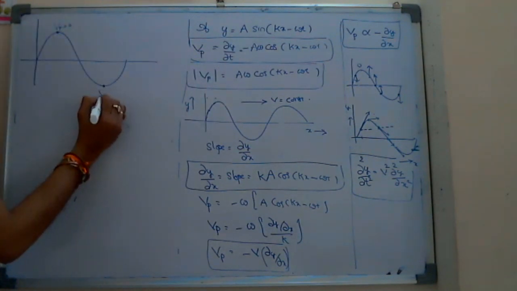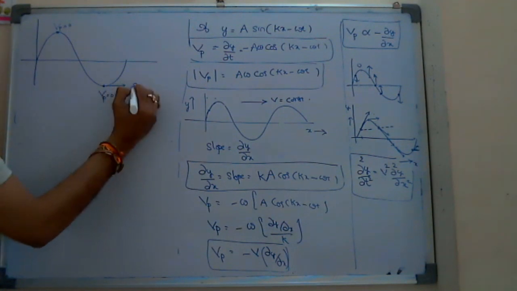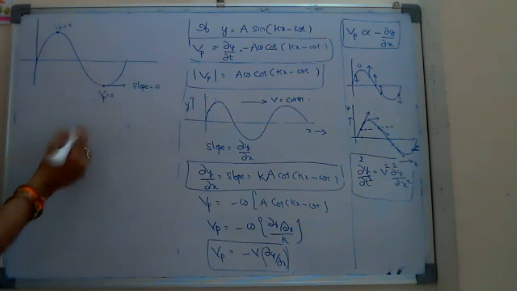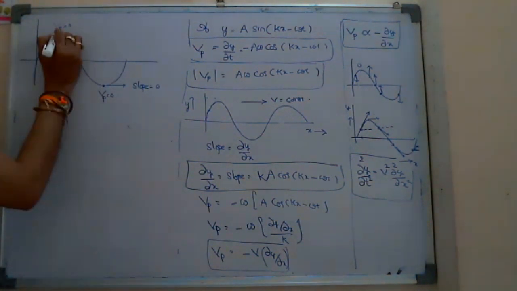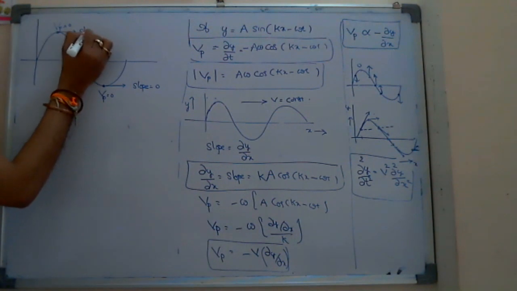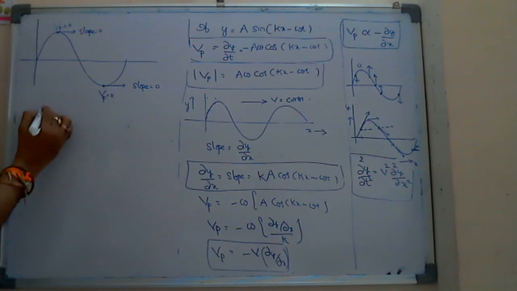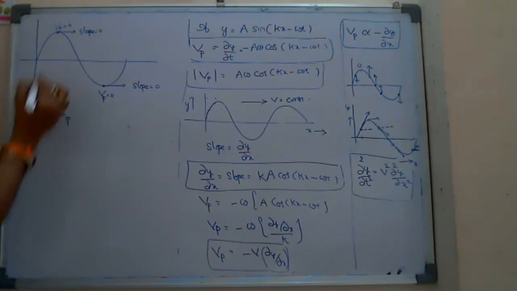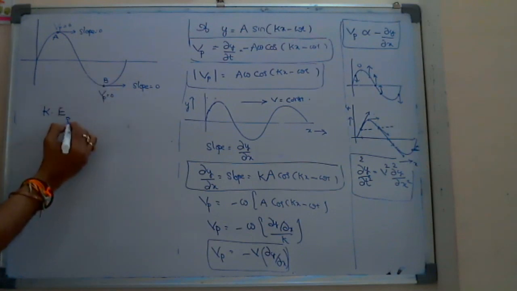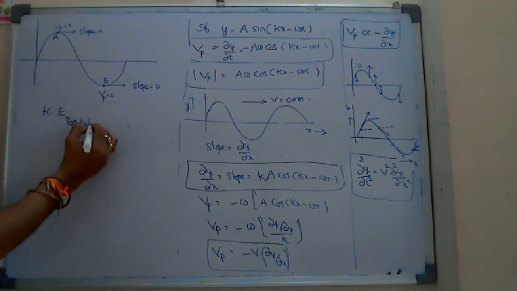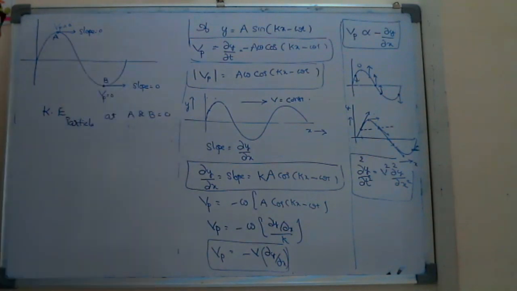Here also velocity of particle equals 0, because if I draw a tangent, the slope is 0, theta equals 0 with the x-axis. Velocity of particle is 0 means kinetic energy of the particle at the points A and B is 0.